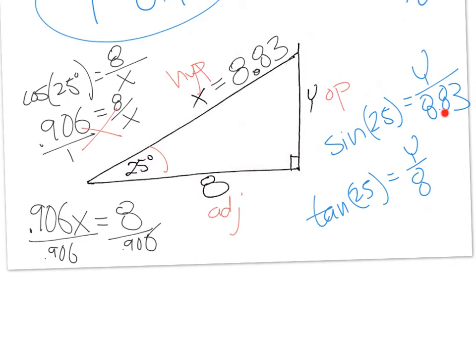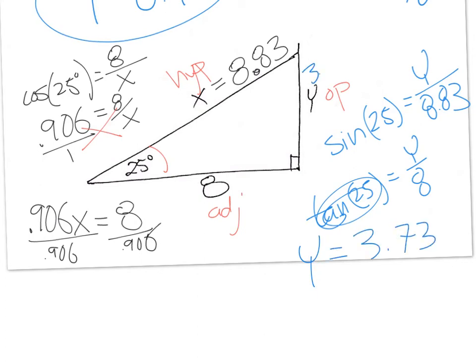So within rounding differences, because this is a rounded answer right here, these are going to give us the exact same thing. Tangent 25 equals y over 8. So I'm going to just plug tangent 25 into the calculator and multiply by 8. So 8 times tangent 25, we get that y equals 3.73.